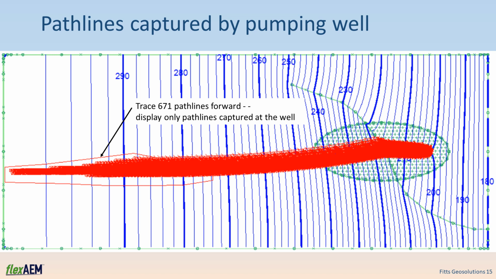This is the resulting constrained pathline display. The plot looks a little busy because Anaxim is plotting both the circle symbols at the starting locations and the pathlines that are traced from those symbols to the well. To delineate the area contributing recharge footprint, all we need to see is where those pathlines started at the water table. In other words, we only need to display the starting location symbols.